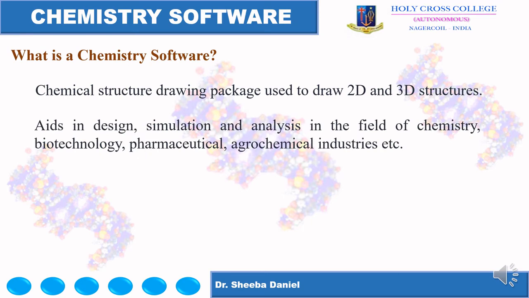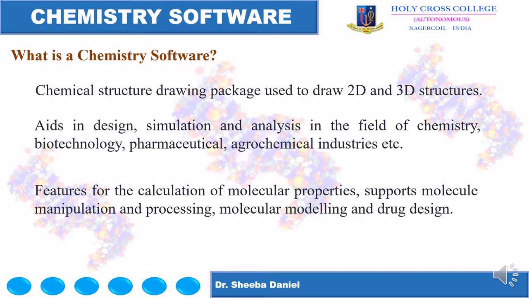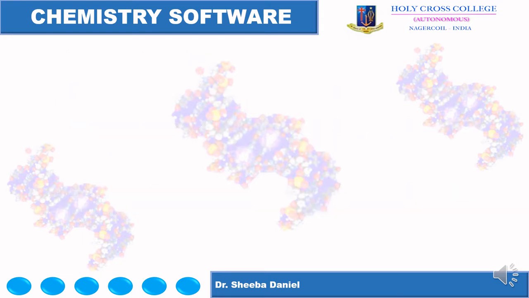It aids in design, simulation and analysis in the field of chemistry, biotechnology, pharmaceutical, agrochemical industries, etc. And it is used for the calculation of molecular properties, supports molecule manipulation and processing, molecular modeling and drug design.